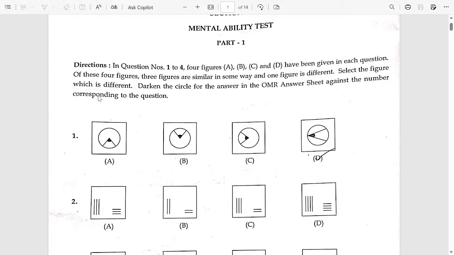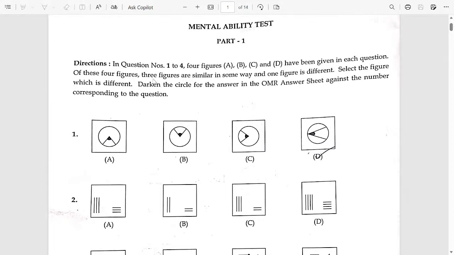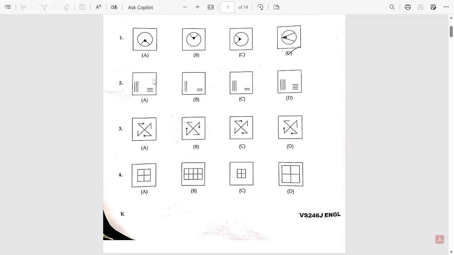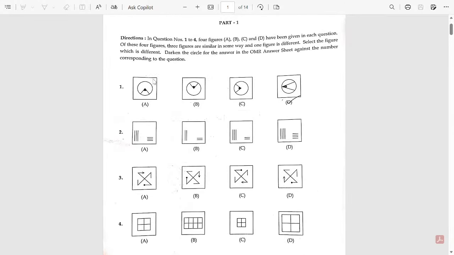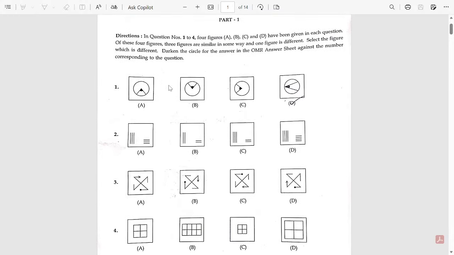Select the figure which is different and darken the circle for the answer in the OMR sheet. The first part will always be odd one out, and each part will have four questions. Now I will give you 10 seconds, tell me the answers for all these four questions.